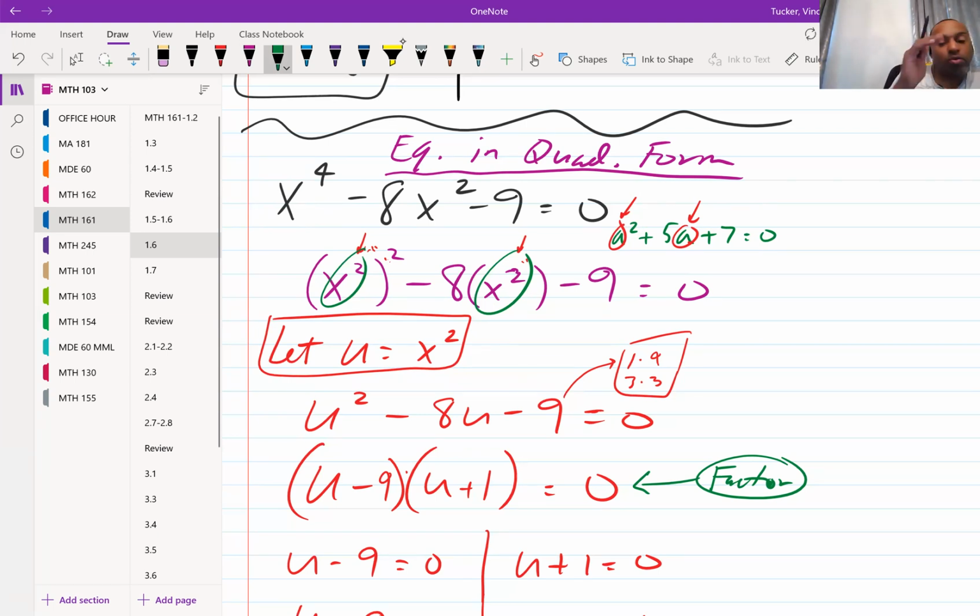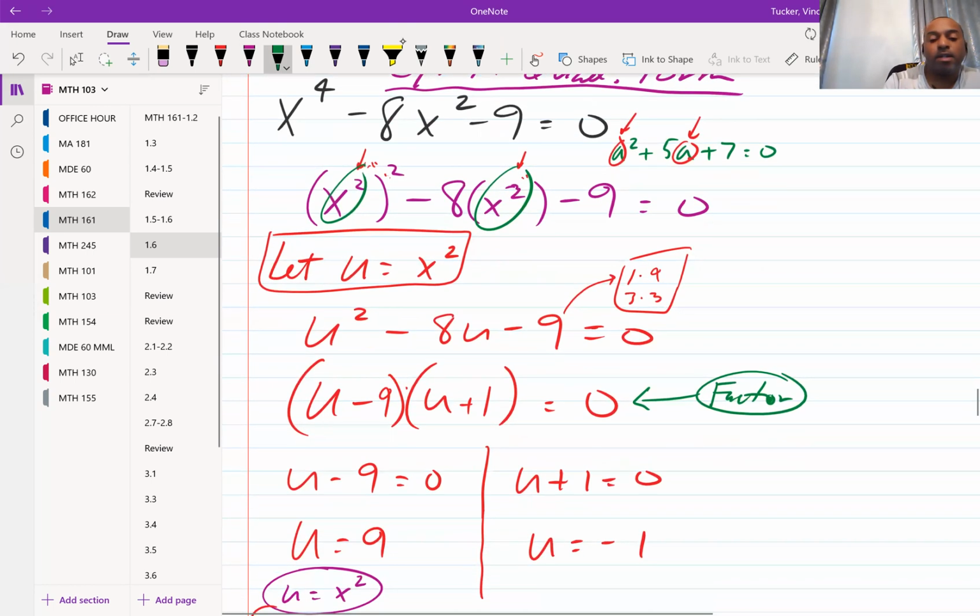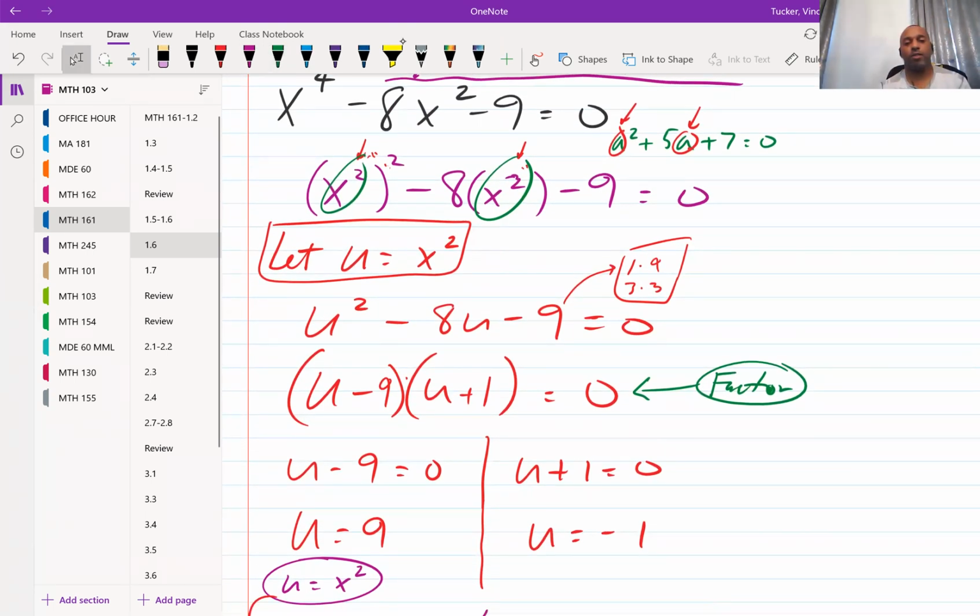Now we can factor that, or if you wanted to, you could use the quadratic formula. But that factors into U minus 9 and U plus 1. Set each part equal to 0 to solve. U is equal to 9 and U is equal to -1.